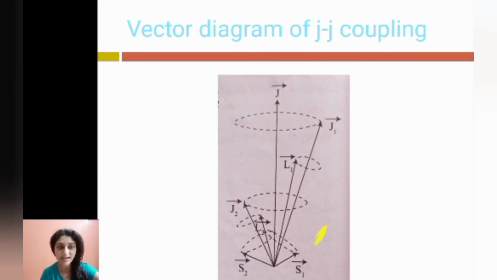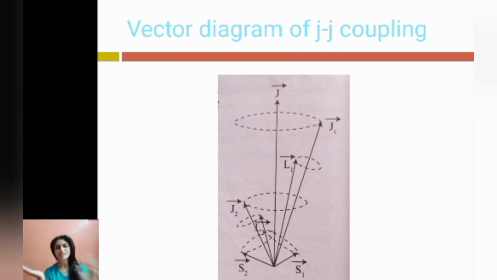We have S1 and L1. L1 and S1 combine to give vector J1, and they precess fast about the resultant vector J1 because spin-orbit interaction is strong in this case. Then we have L2 and S2. These two combine to give resultant vector J2, and we get the resultant vector J when J1 and J2 combine.